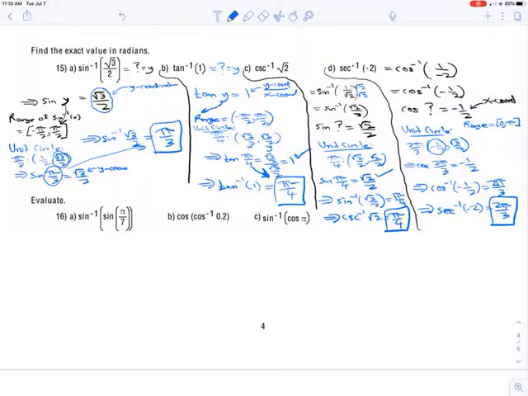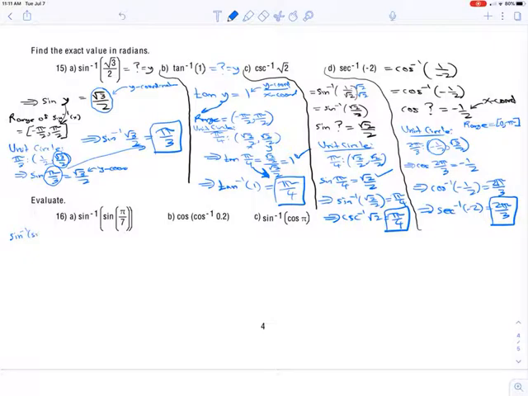Moving on, let's go to number 16. We got some composition properties, looking at inverses. We got 3 of them here, 16, A, B, and C. 16A, actually one of our shortcuts, sine inverse of sine of pi over 7. Well, that's going to equal pi over 7. So here's a property for inverse functions, and we can write it over here on the side.